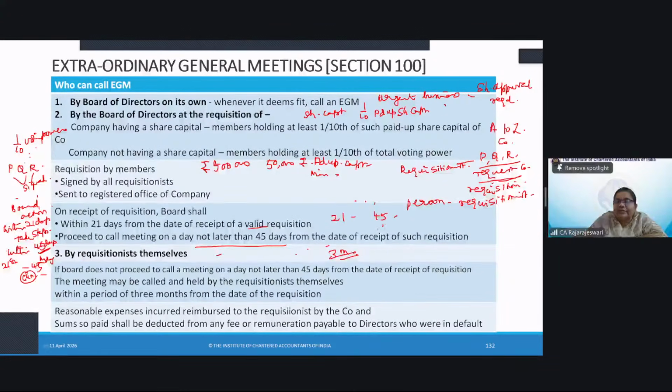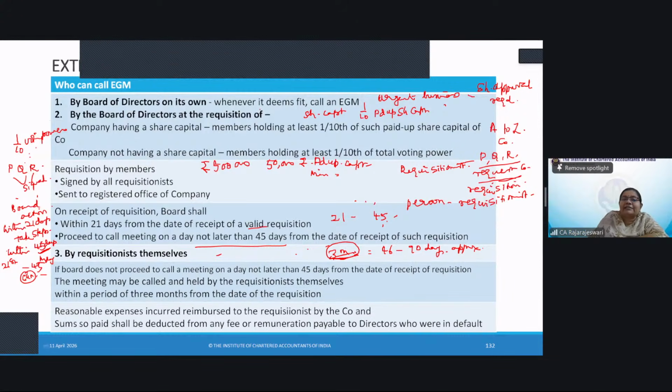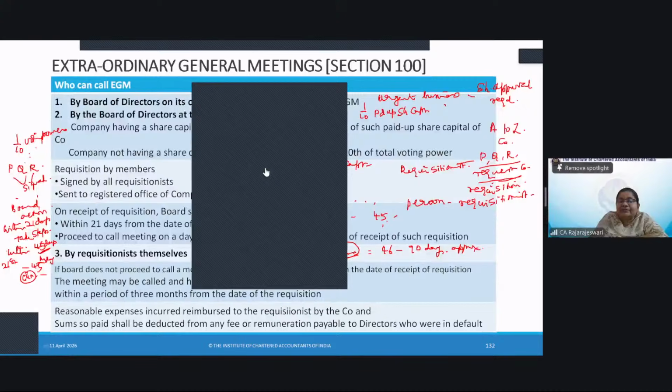In terms of days, the 45th day is 1.5 months, so from the 46th day to roughly 90 days. But the Act specifies only 3 months, so you have to take it as only 3 months. For your understanding, I am saying it as 46 to 90 days.